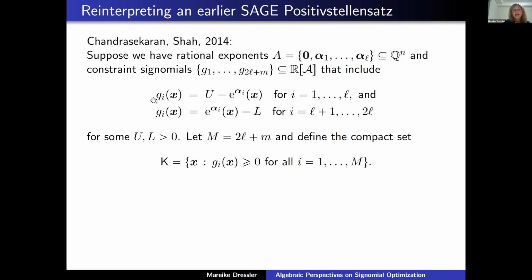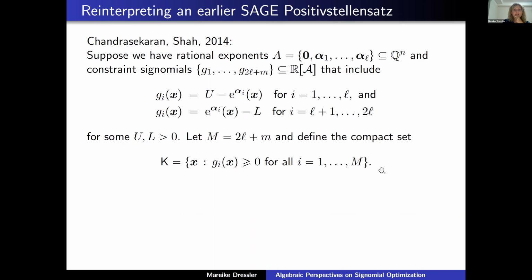And because we have explicitly included these kind of constraints, we know that this is really a compact set, right? Because this can be seen as somehow box constraints, right? So we have some constraints, and then explicitly we have these kind of guys, which really ensure that our set K is compact.